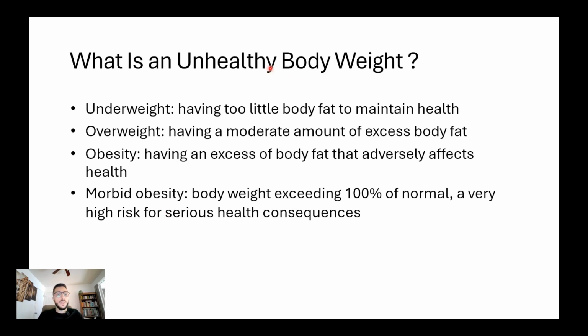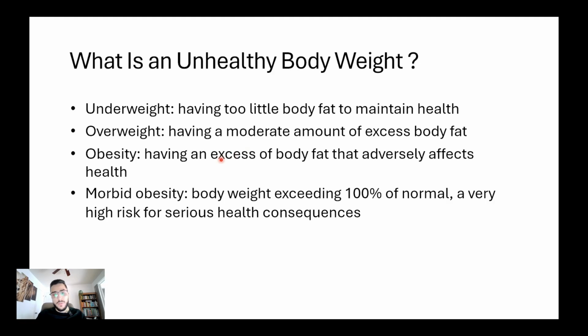Okay. An unhealthy body weight, well, quite simple. You can either be underweight or overweight. Underweight is having too little body fat to maintain health, because body fat is quite important for health. Overweight means you have a little bit of excess body fat, and that's starting to increase your risk of health problems.